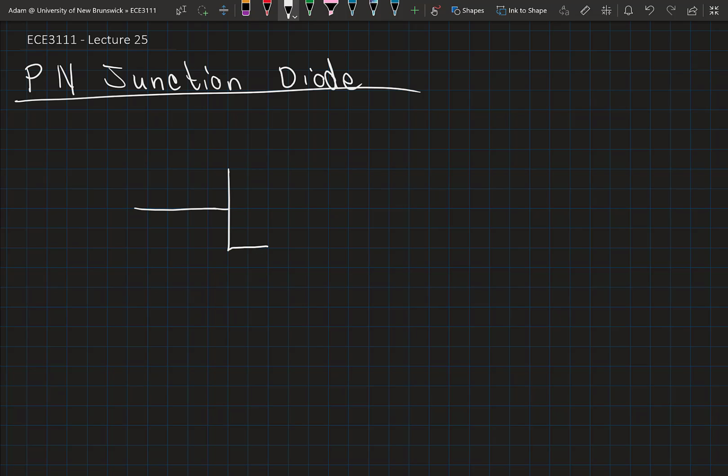Okay. So before we actually form the junction, let's just show our two pieces of doped material that are P-type and N-type.